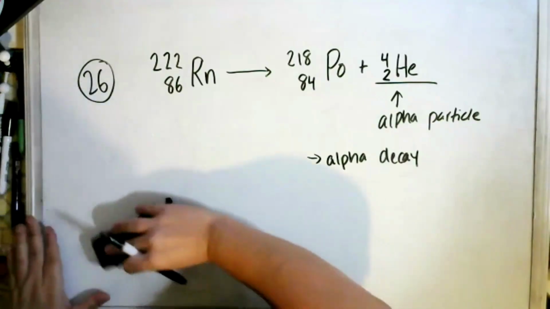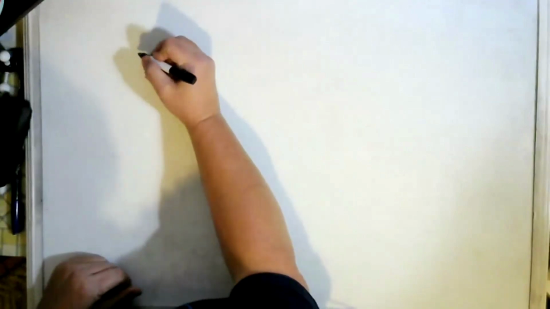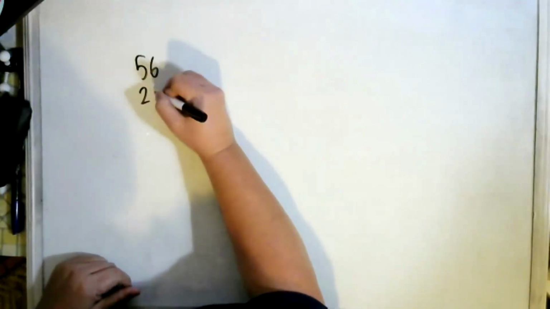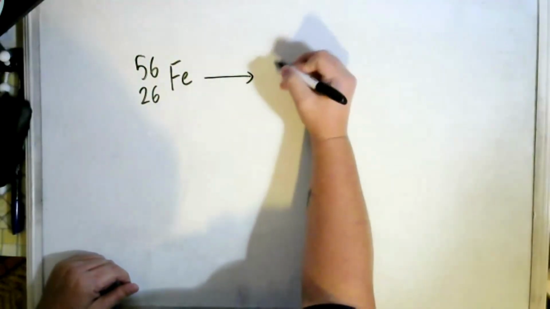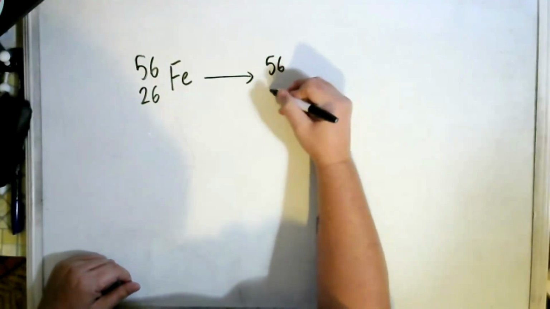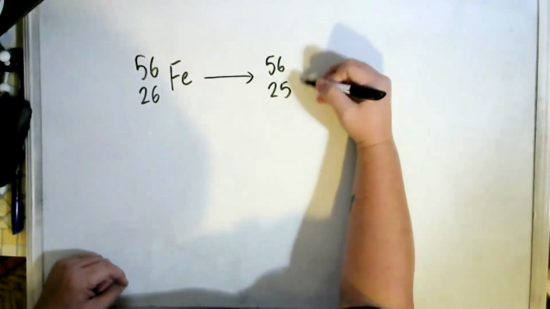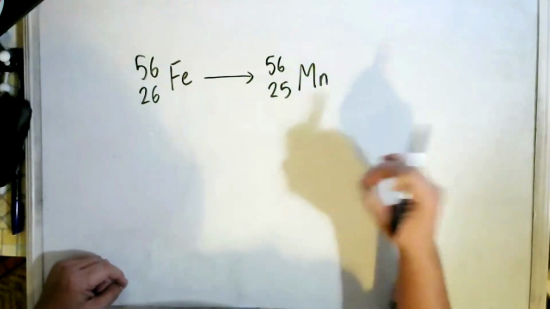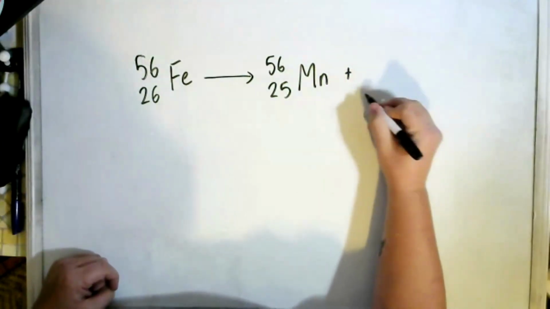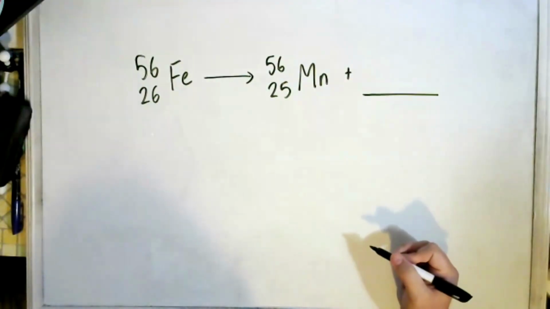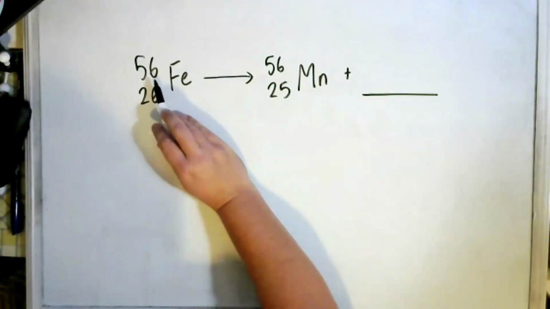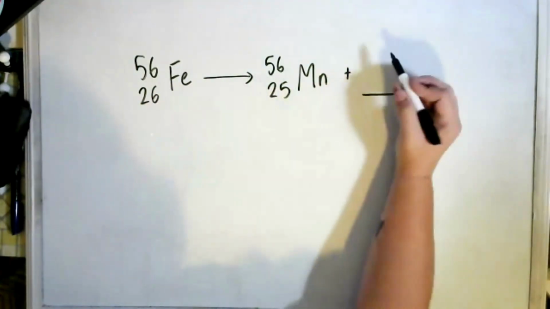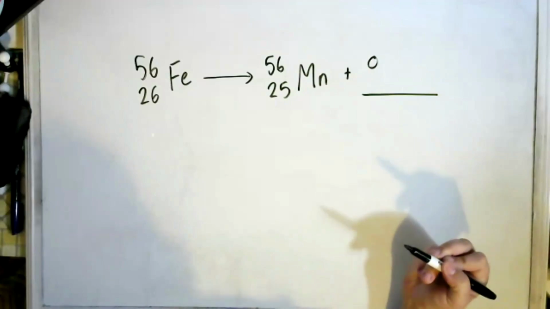All right, we have another question similar to this for number 27. They're telling us that this iron isotope, iron-56, is going to decay to manganese-56 through what process? So that means that we have to find our missing particle. We see that up top, 56 and 56, so it needs to be a 0 up top.